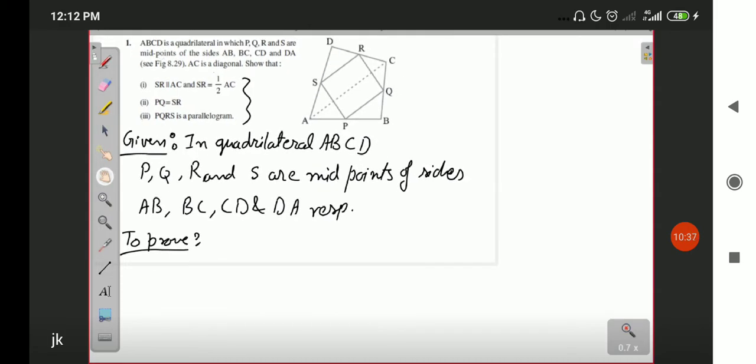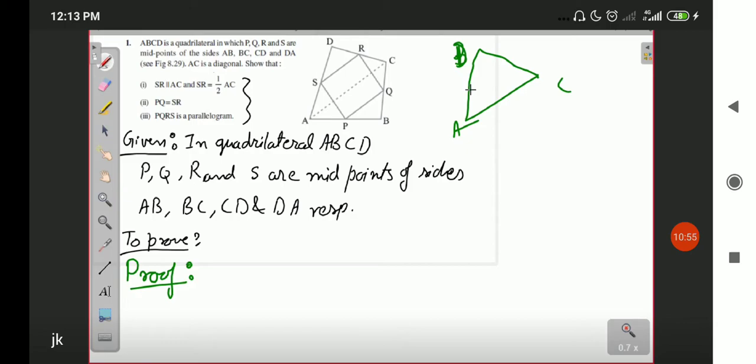First of all, we will divide this quadrilateral into two sections. I am going to take the section above the diagonal AC. This is ADC.